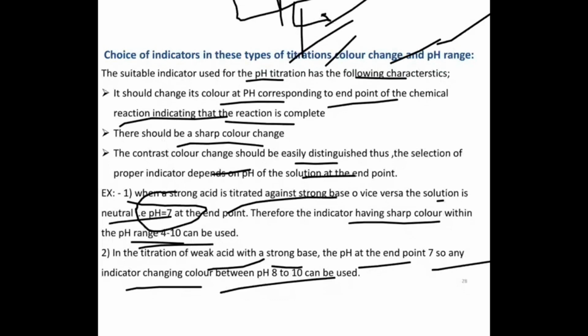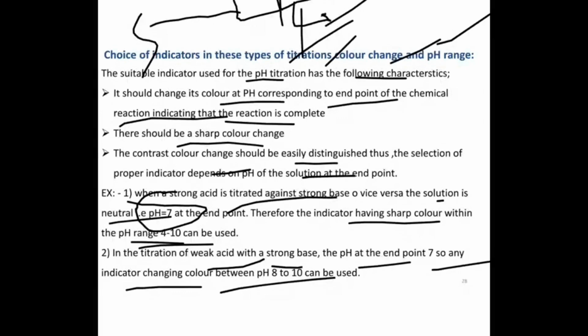A strong acid will be around 3 to 5, and near 7 whatever acids are present will be weak acid. Above 7, 8 to 10, will be weak base. This will be strong acid and strong base.